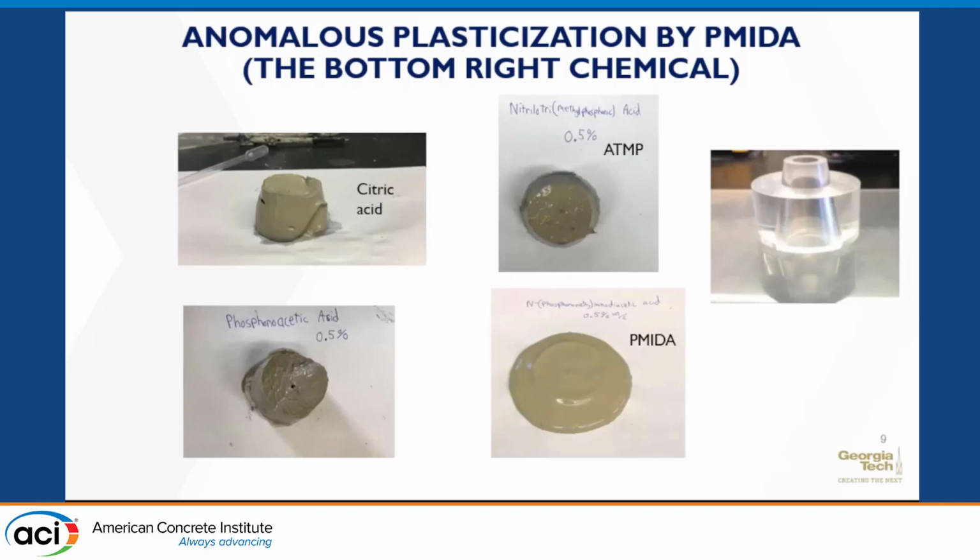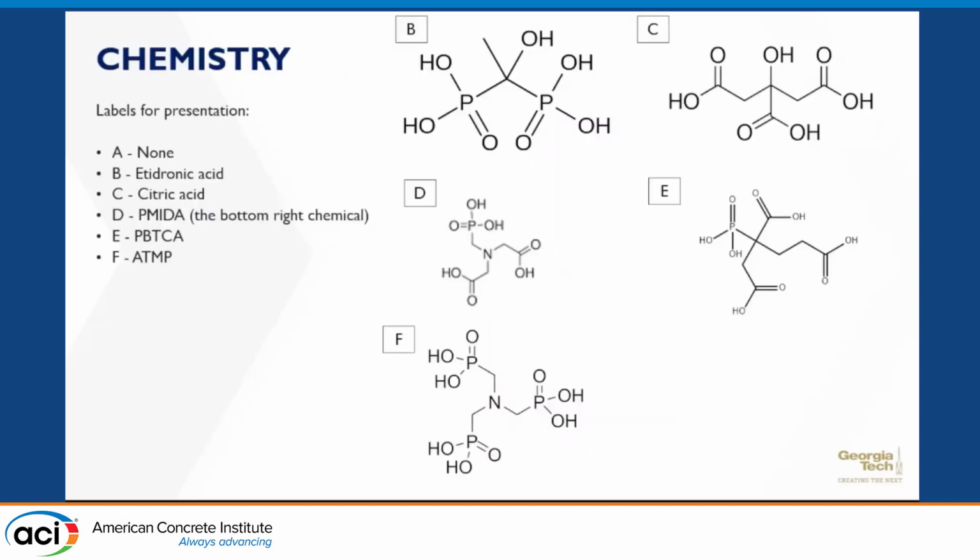While screening different phosphono-based chemistries, we did mini-slump experiments, and we realized that one retarder, especially PMIDA, phosphonomethyl iminodiacetic acid, if I'm not mistaken, but don't quote me on that, gave an anomalous plasticization. We tried to understand why this is happening.